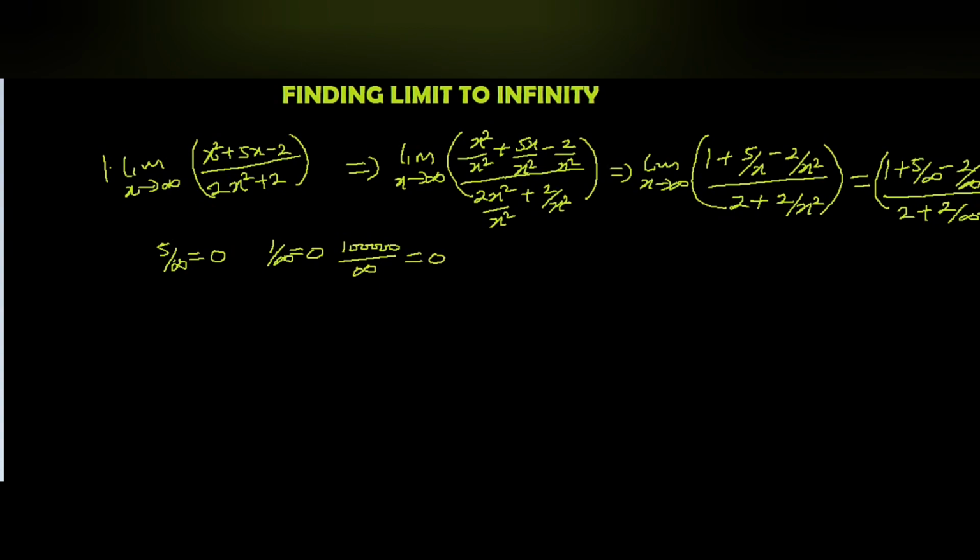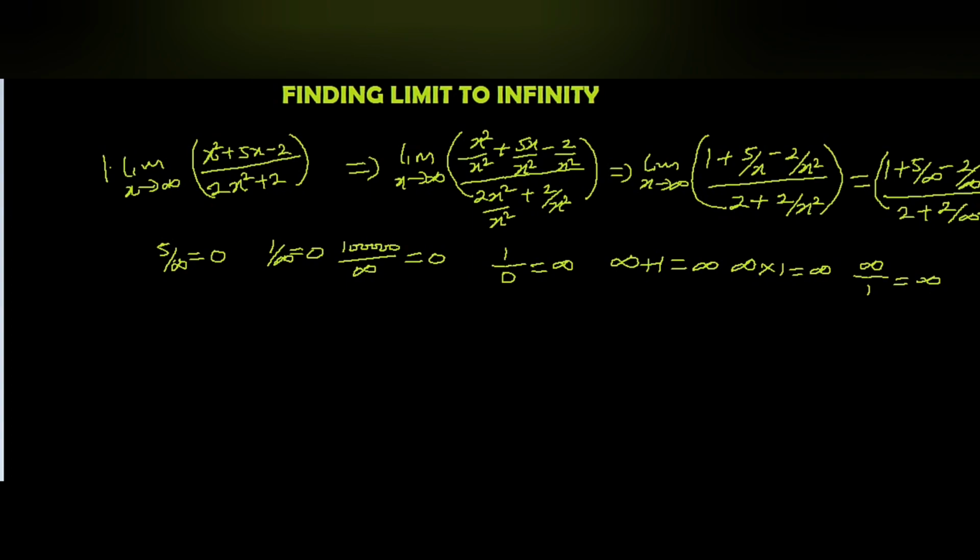And also you should know that 1 divided by 0 is going to give us infinity. So these are the things, and you should know that infinity plus 1 is equal to infinity. Infinity times 1 is equal to infinity, and infinity divided by 1 is equal to infinity. So you should know that very well. So this is the key to dealing with infinity.